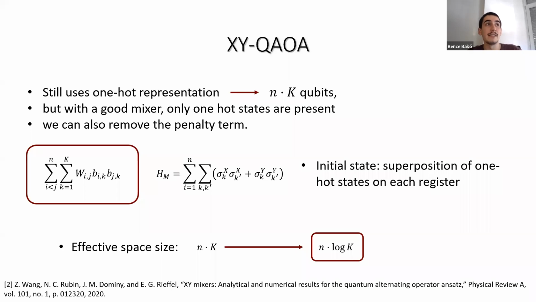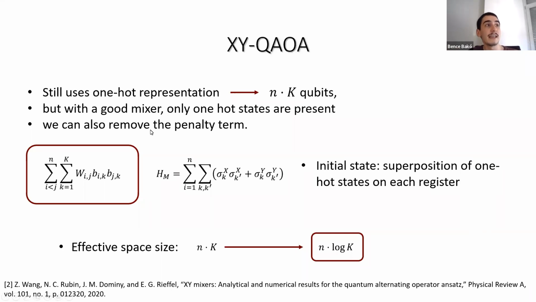A natural extension of it is the quantum alternating operator ansatz, from which we consider the XY QAOA, which also uses one-hot representation, so n times k qubits, but with a better mixer, this XY mixer, and by preparing the state in the superposition of only one-hot states, we can reduce the subspace in which the evolution takes place to this superposition of only one-hot states on each register.